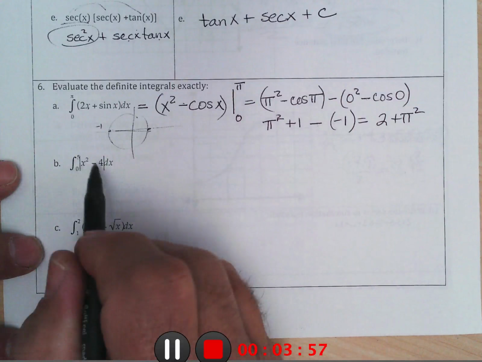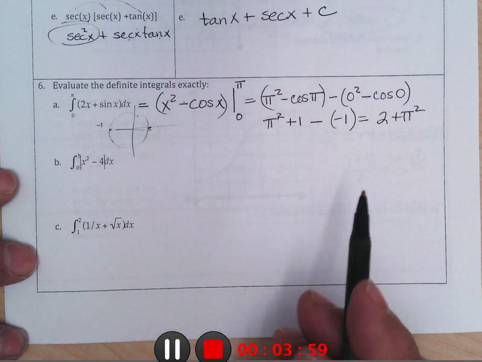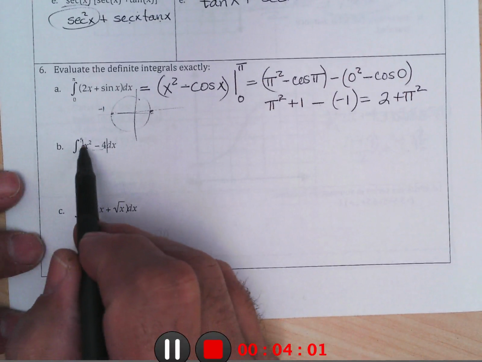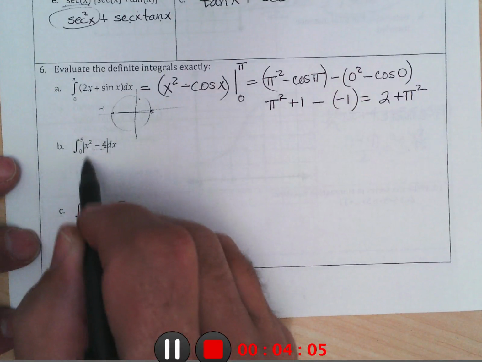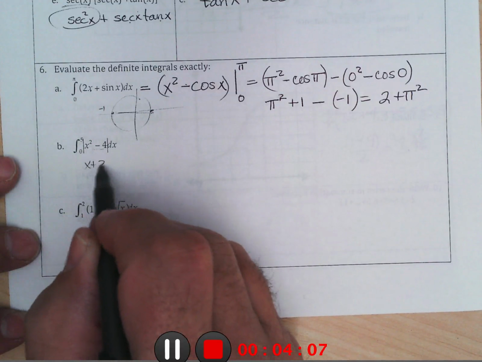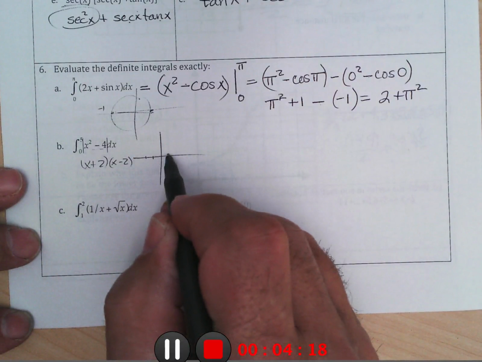Now this one's a little tricky. Absolute value of x squared minus 4. X squared minus 4 is x plus 2, x minus 2, or it's a parabola down 4. So it's going to go through minus 2 and plus 2.